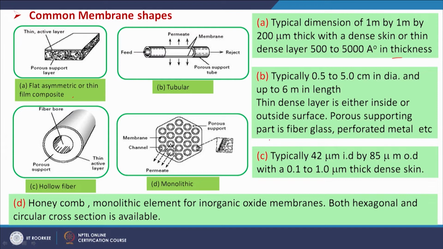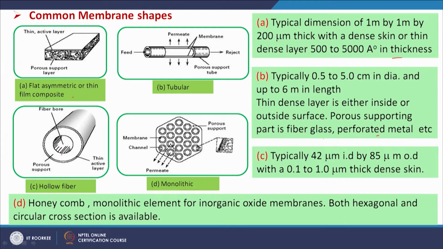So, the porous supporting part is fiberglass, perforated metal, etc. So, this is the tubular membrane shape, and for the hollow fiber, here we see this is our fiber bore and thin active layer, and we have a porous support. Okay. So, typically 42 micrometer ID by 85 micrometer OD with a 0.1 to 1 micrometer thick dense skin. So, this is a hollow fiber membrane.